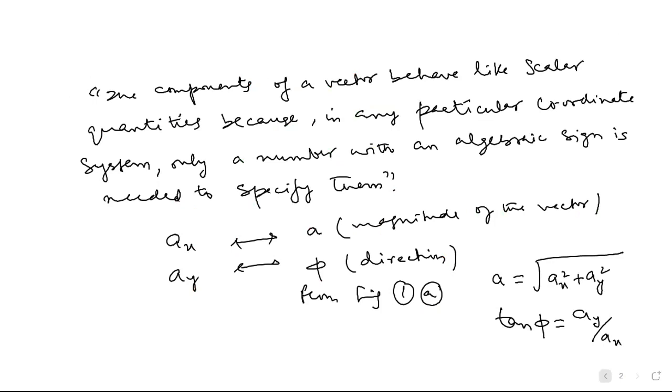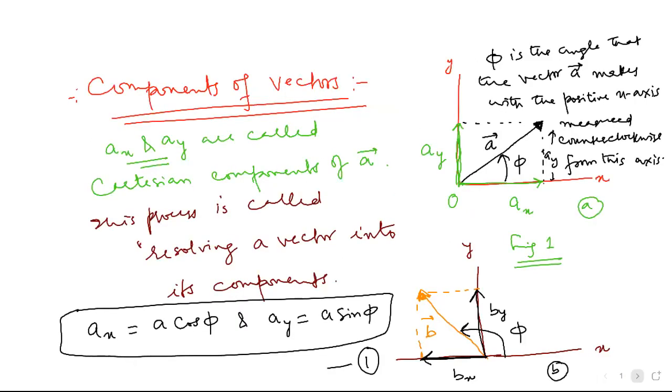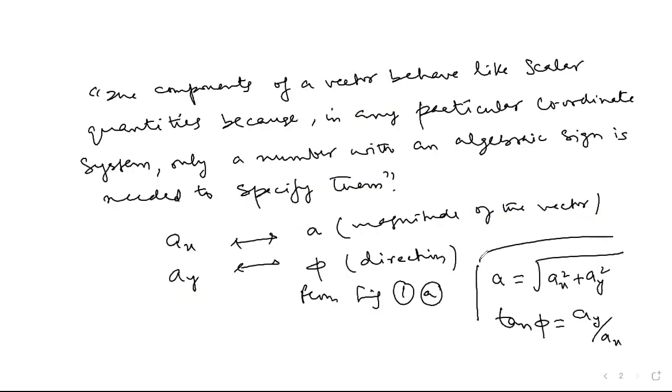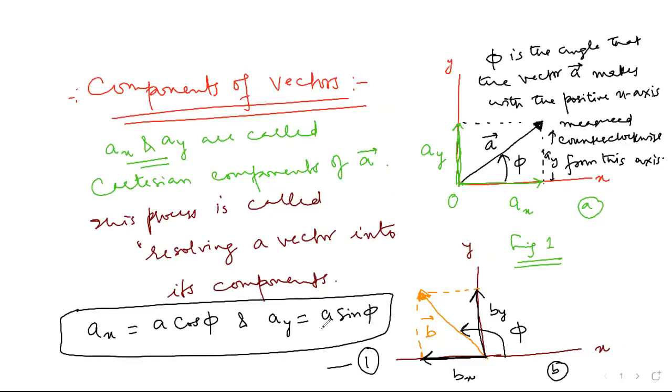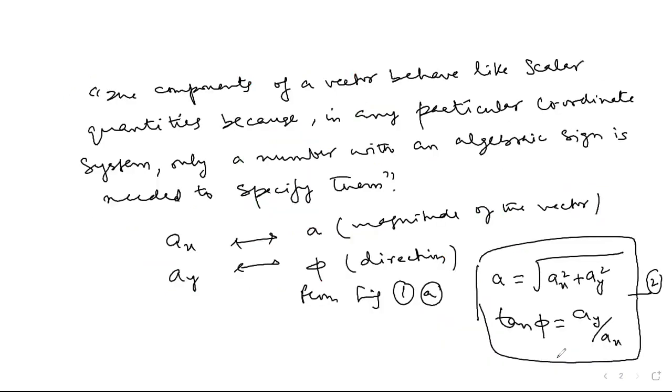So let me name this equation second. These equations are second. So you can see in second, knowing ax and ay, you can find A and phi. That's magnitude and direction of the vector. And in one, knowing magnitude and direction A and phi, you can find components.